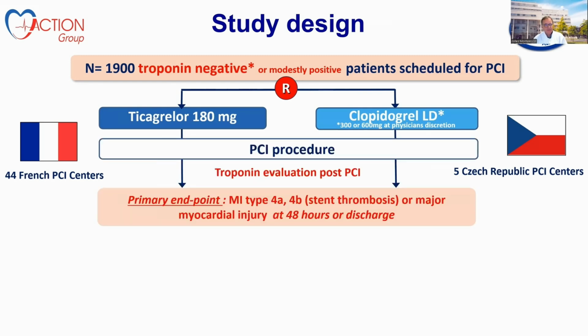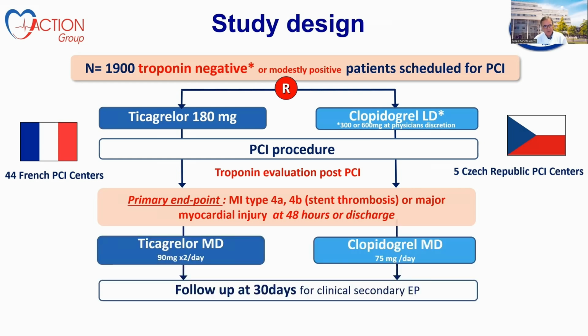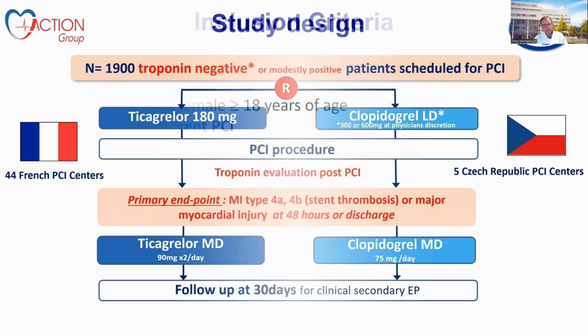They had a negative troponin at baseline, and they were followed up in the next few hours until hospital discharge for the troponin rise after stenting. We continued Ticagrelor and clopidogrel for the next 30 days, and we have a follow-up at 30 days for these patients. The study was conducted in 2 countries and in almost 50 centers.